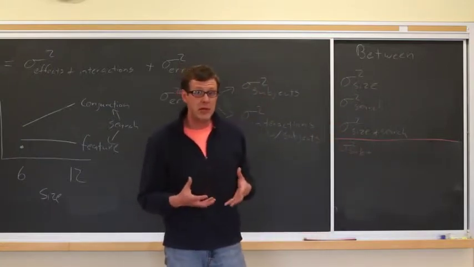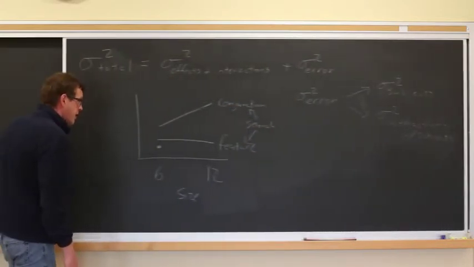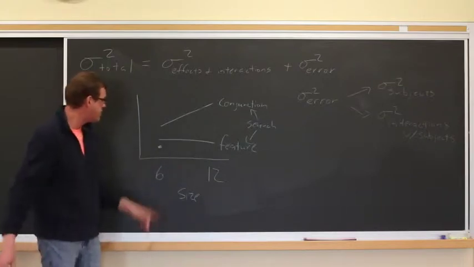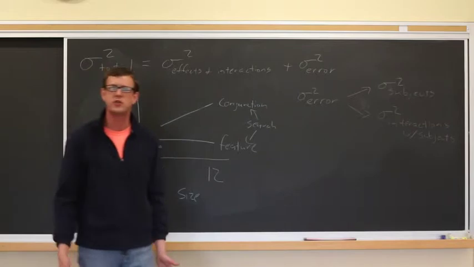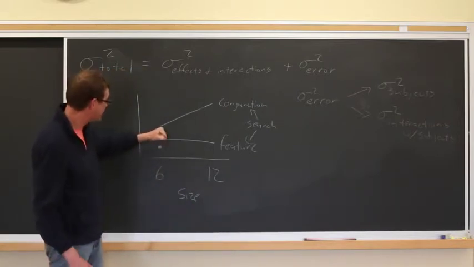Now, if this is a completely between subjects design, imagine that we have one individual who scores here. So they're beneath the mean. So imagine that they're in set size 6 for a feature search. So they're performing much faster than the average for this condition.